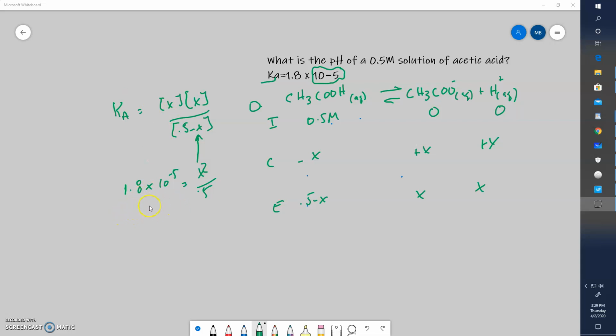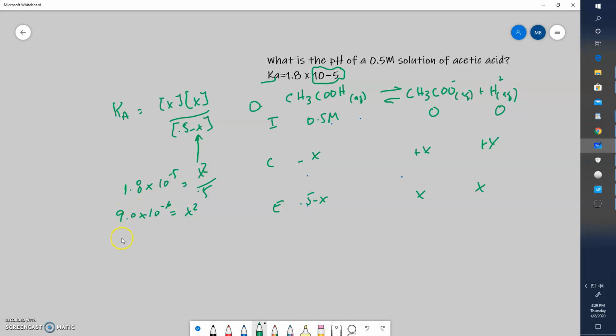Anyway, so when you do this multiplication, you get 9 times 10 to the minus 6 equals X squared. And we're going to take the square root of both sides.